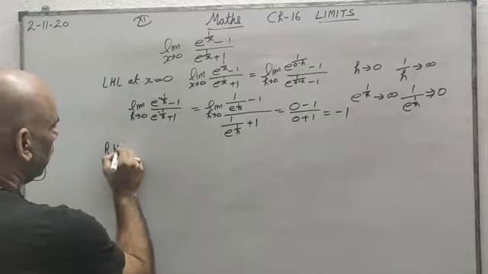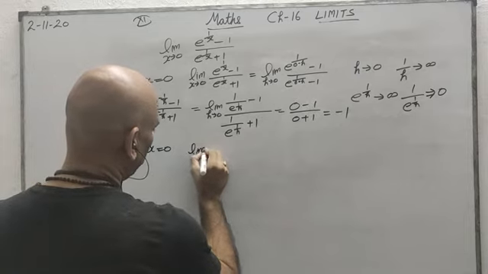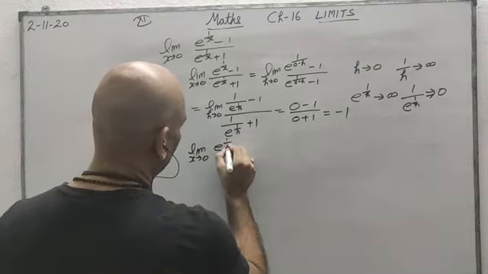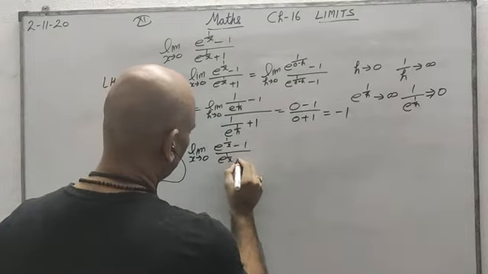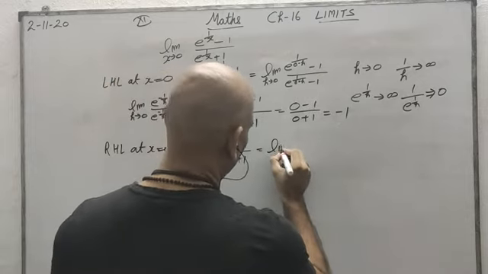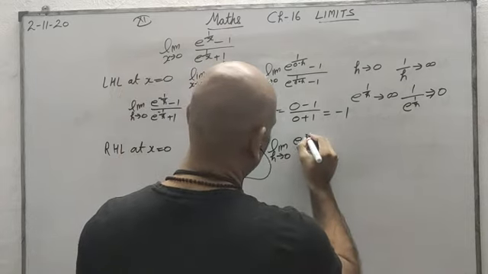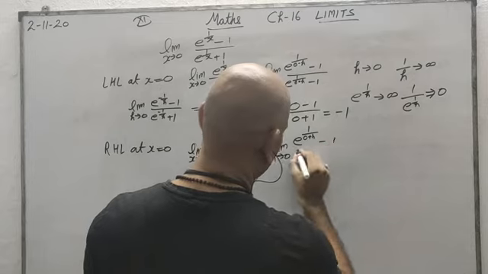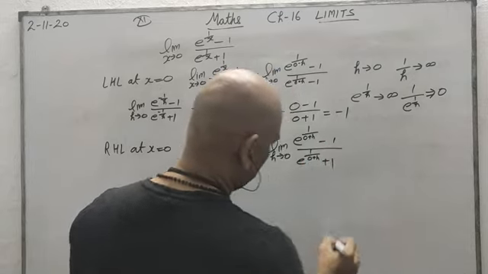Now RHL at x is equal to 0 means limit x tends to 0 of (e to the power 1 upon x minus 1) upon (e to the power 1 upon x plus 1), that is limit h tends to 0 of (e to the power 1 upon 0 plus h minus 1) upon (e to the power 1 upon 0 plus h plus 1).